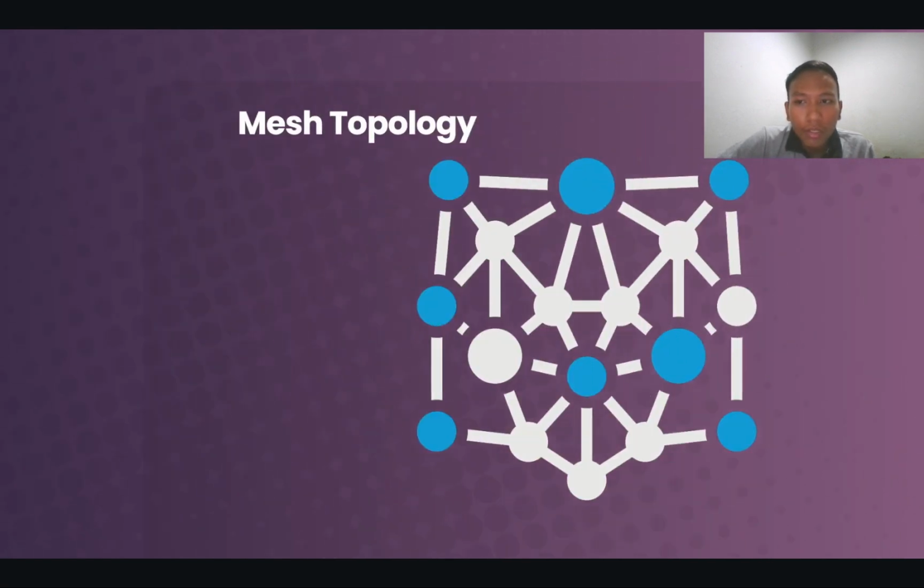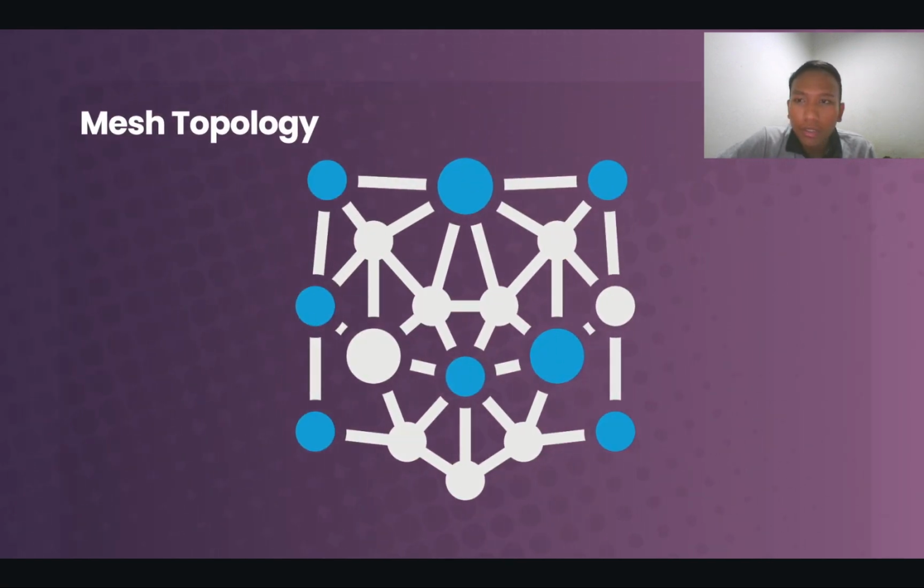Okay. Next, we're going to talk about mesh topology. Mesh topology connects devices to many other devices inside the network. In this topology, devices have multiple communication paths, which makes the network very reliable and stable. Even if one connection fails, data can still travel through another path.